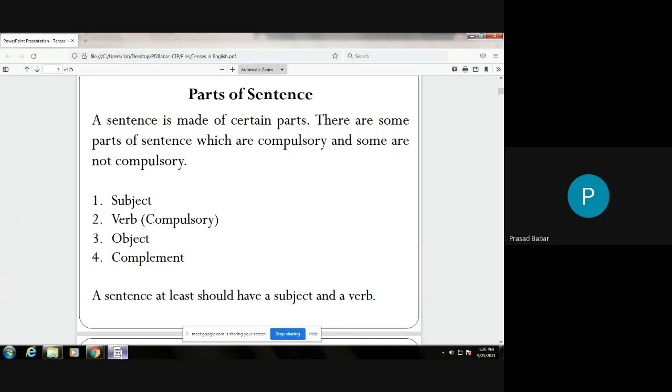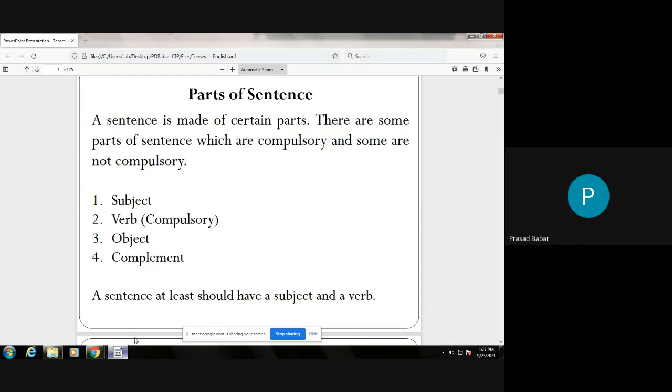Or if we use verb plus object plus complement and omit the subject, then also we can construct a sentence. But without a verb we cannot form a sentence.